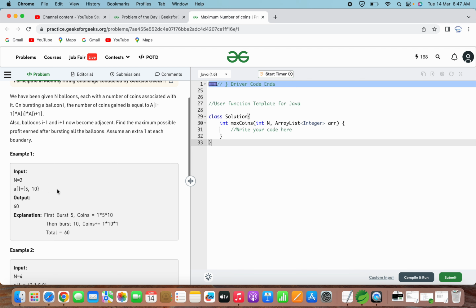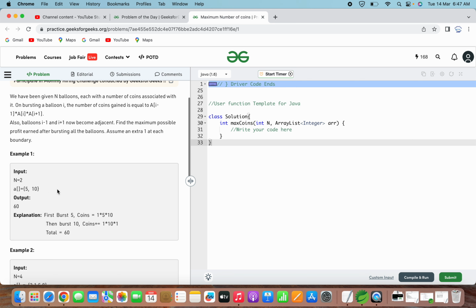So since 1 has been bursted, 1 is removed from this array. So now 3 and 5 became adjacent to each other. So now if you burst 5, then the number of coins we get is 3 into 5 into 8. After 5 has been bursted, we are left with 3 and 8, and 1 is extra there on both sides.